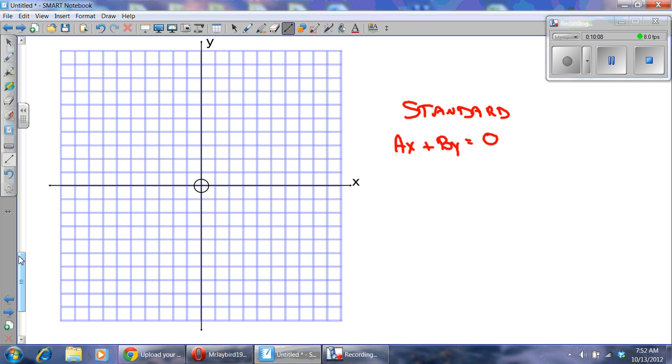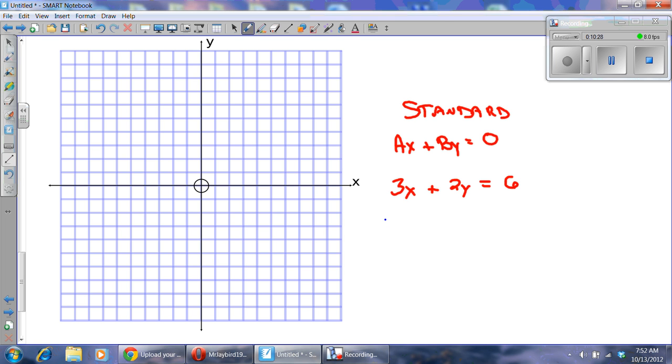Okay, standard form. Let me give you an equation in standard form. You go ahead and see if you can graph it according to the standard form shortcuts. If you're still watching, you already see my solution.